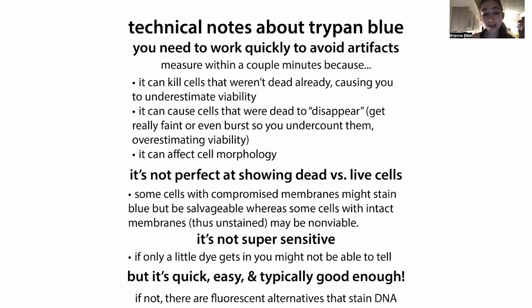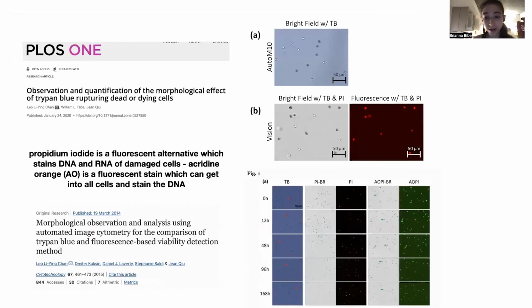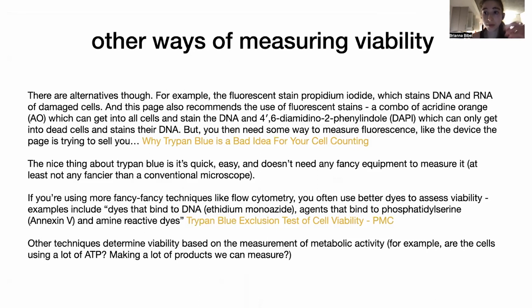But as I said, it's quick, easy, typically good enough, so it's very, very commonly used. But there are alternatives that require more special equipment. If you're already doing an experiment where you're using some sort of fluorescent sorting, then there are things you could do, like staining with AO, or DNA staining like DAPI.